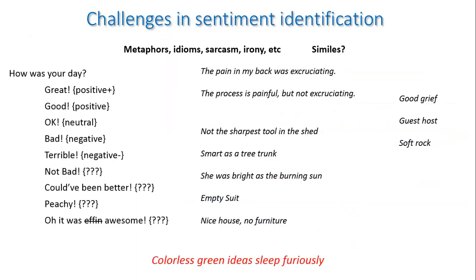And then we encounter a whole bunch of situations that are going to be very difficult to deal with in statistical models. For example, if you have lots of examples in your data that have the word bad, and those examples are labeled as negative sentiment, then your classifier or your model is going to learn that strong association.